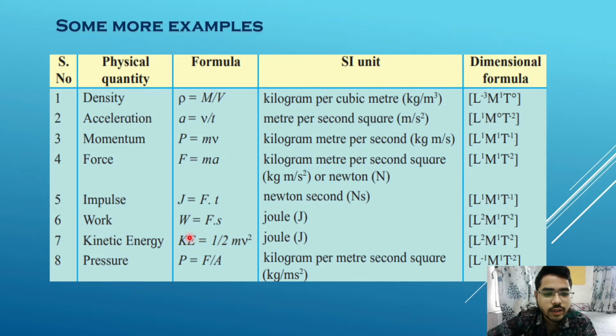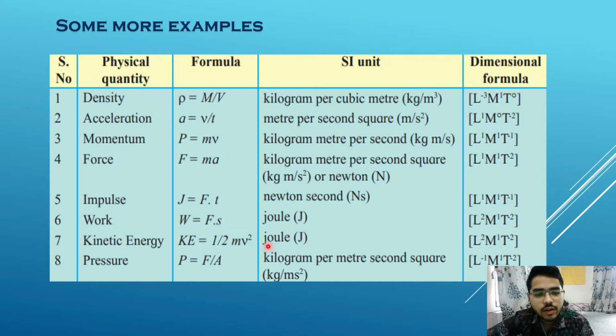Now work is given by work is equal to force into displacement, that is F s, measured in joule, which is also an SI unit used in day-to-day life. Its dimensions are L2 M1 T raised to minus 2. Kinetic energy is equal to half m v square.